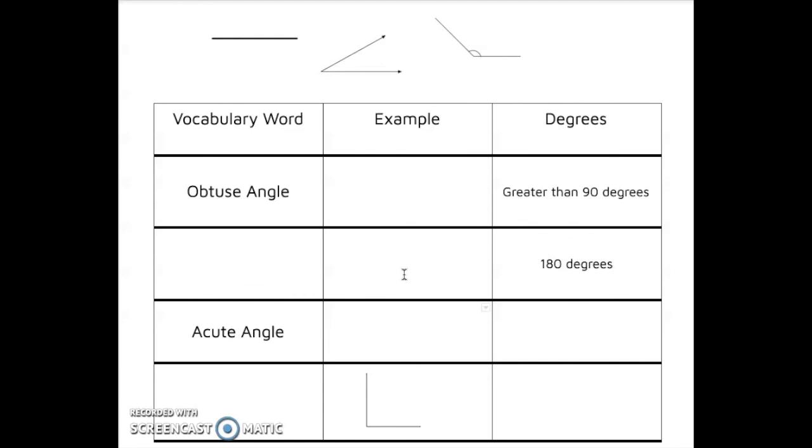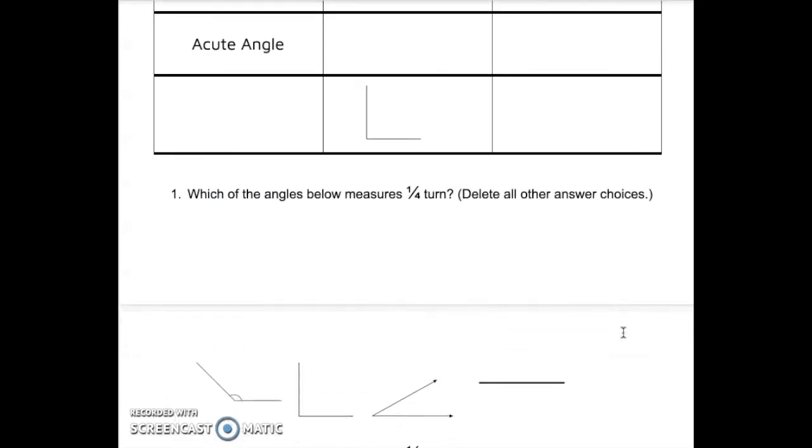You would drag that one here, and then you would type the name of that angle over here. And again, for this one, you do a similar thing, acute angle. Which one is an acute angle? You drag it down, and then you'd write how many degrees an acute angle has. And again, you can use that slideshow that I went over with you to help you if you need it. So that's how the table works.